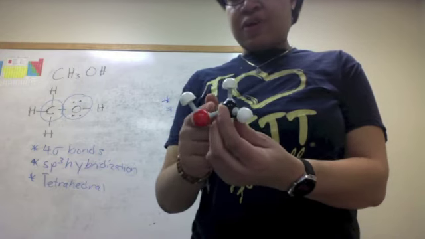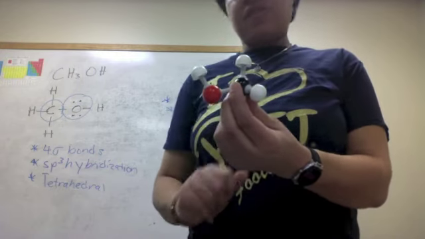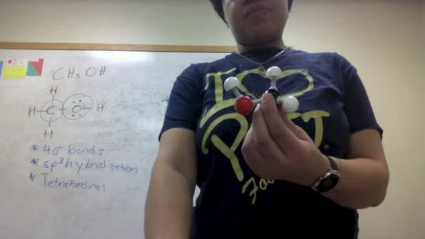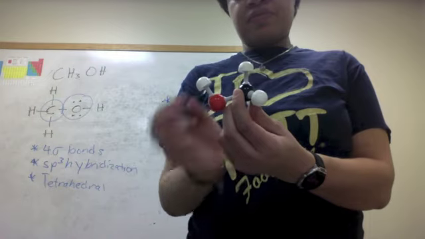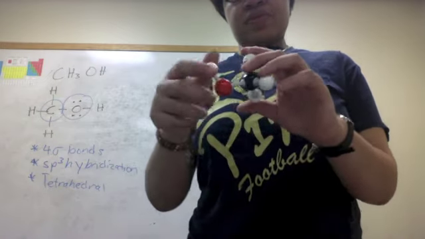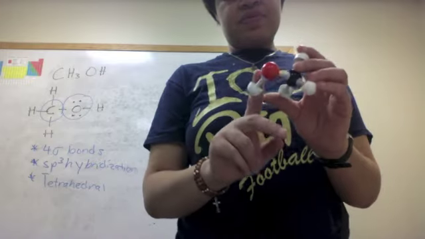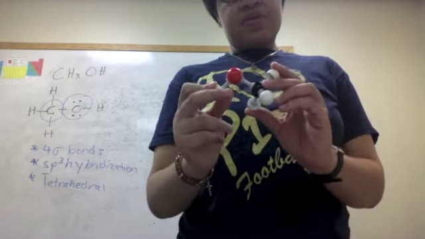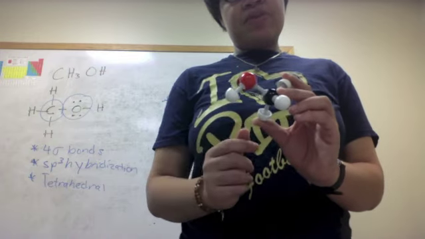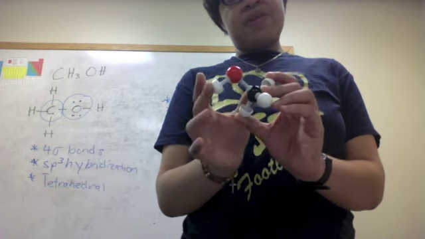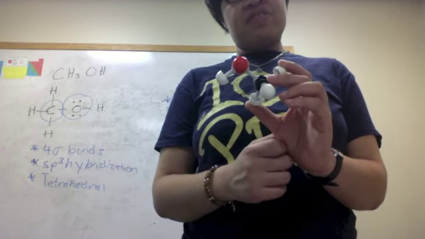Each one of these single bonds is pointing to a vertex of a tetrahedron. Here's the oxygen atom. Notice that it takes on a bent geometry. The two lone pairs on the oxygen are causing the two sigma bonds to be in the bent configuration.